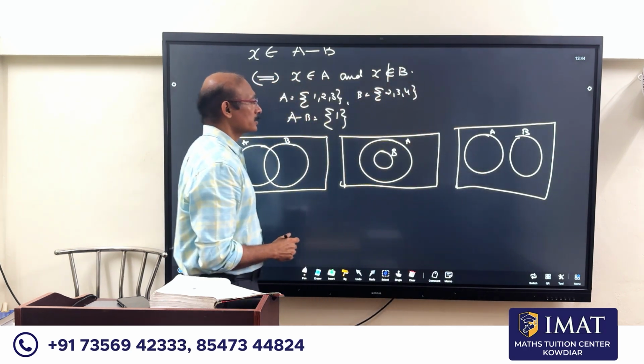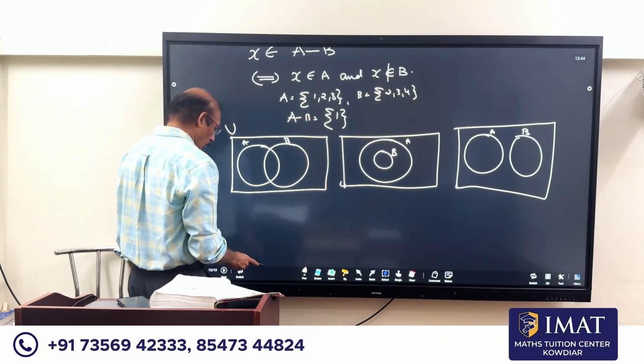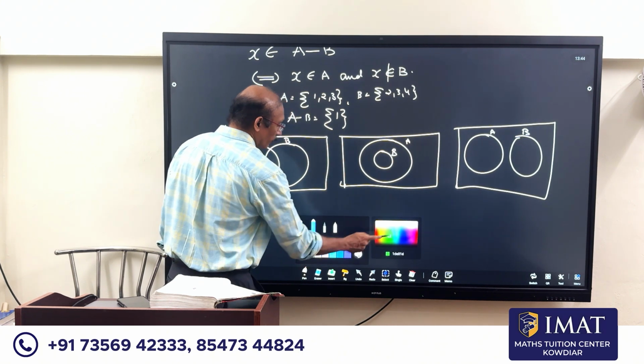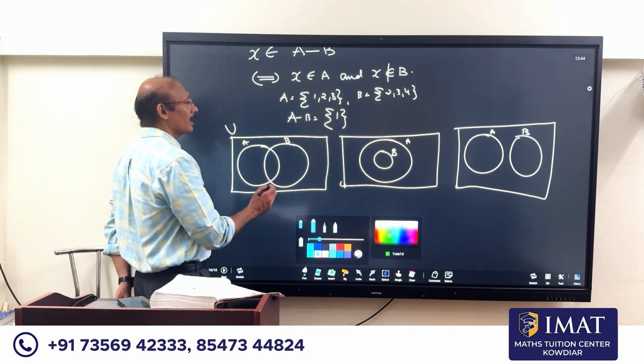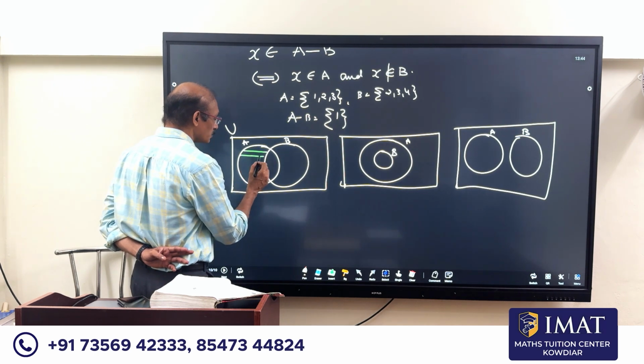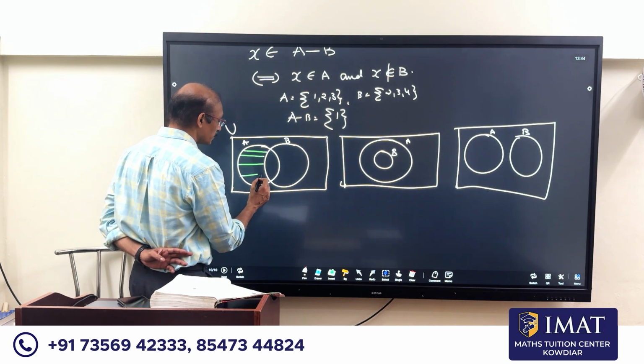So how do you represent A minus B, or what is the region which represents A minus B? When you say A minus B, elements that are in A only, this is A minus B. This region is A minus B.